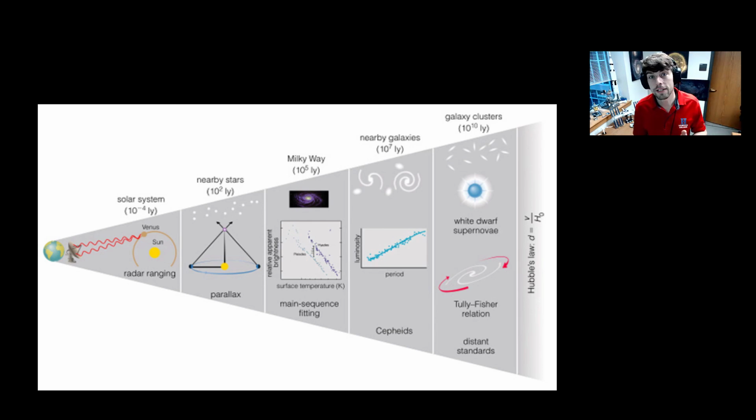Even with the best telescopes and cameras today, that parallax measurement is good out to maybe something like 1,000 parsecs. That's 3,000 light years. Beyond 3,000 light years, the shift is just so small that we can't measure it with our technology. So we need other measurement techniques to allow us to see even farther into the galaxy, then the universe.